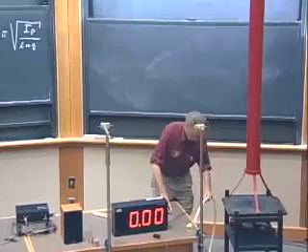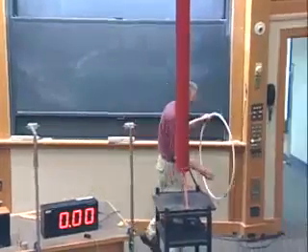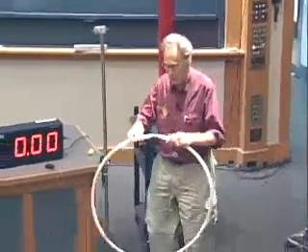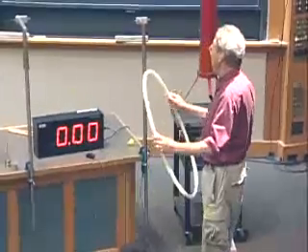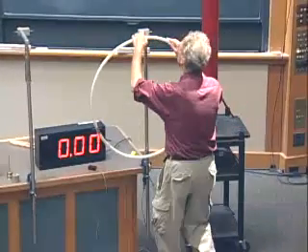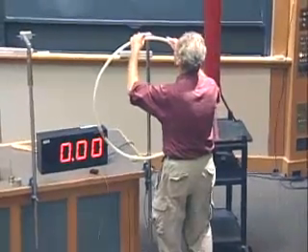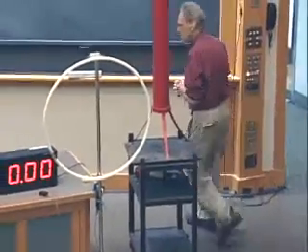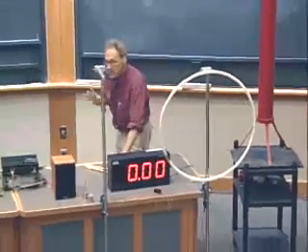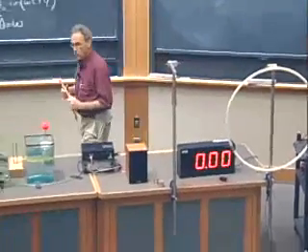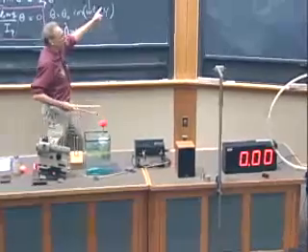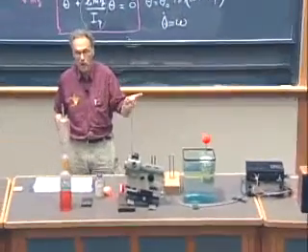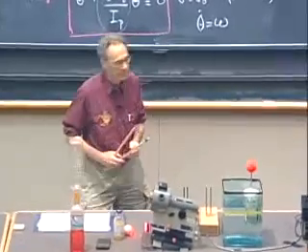This is the hoop. All the mass is at the circumference, so it should be very easy to calculate the moment of inertia. And we have a hole in here, and so we're going to oscillate it right at the rim. And so our geometry is easy, but we should be able to bring this equation to a rigid test, provided that we take into account the uncertainty of our measurements.